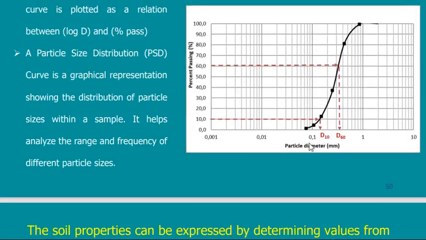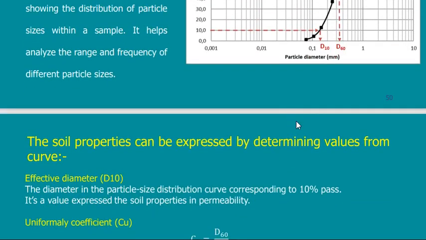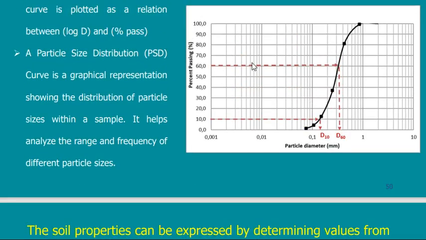Once we reach this, of course, here you have two things. There is something called D10, which is the diameter of the sieve that passes 10% of the sample. And there is D60, which is the diameter of the sieve that passes 60% of the total of the sample.